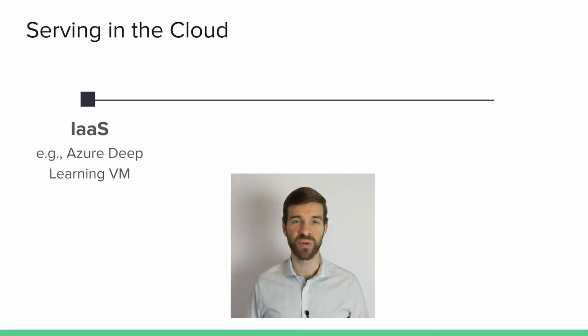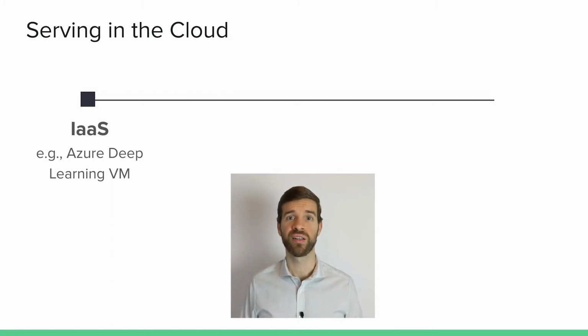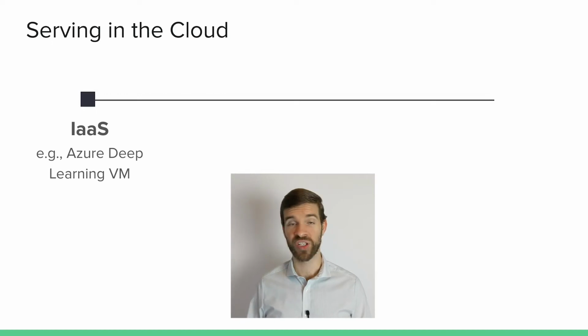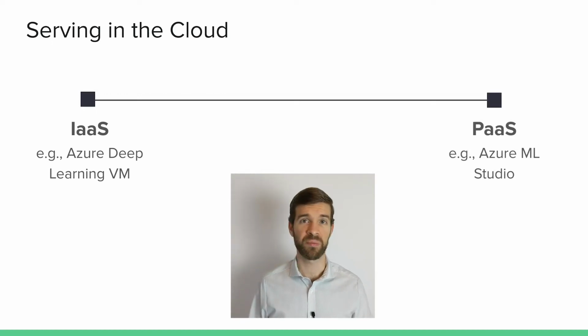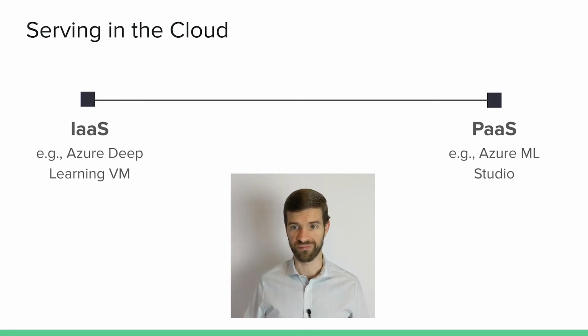So that's definitely one option for how you can do it. It's also quite intensive in terms of maintenance, because you have to maintain all the packages, software, distribution, updates, and so on and so forth on that server. So if you're willing to invest that kind of time and knowledge, you can definitely do it. On the other end of the spectrum, you can have platform as a service, basically having a ready-to-execute tool that you rent.